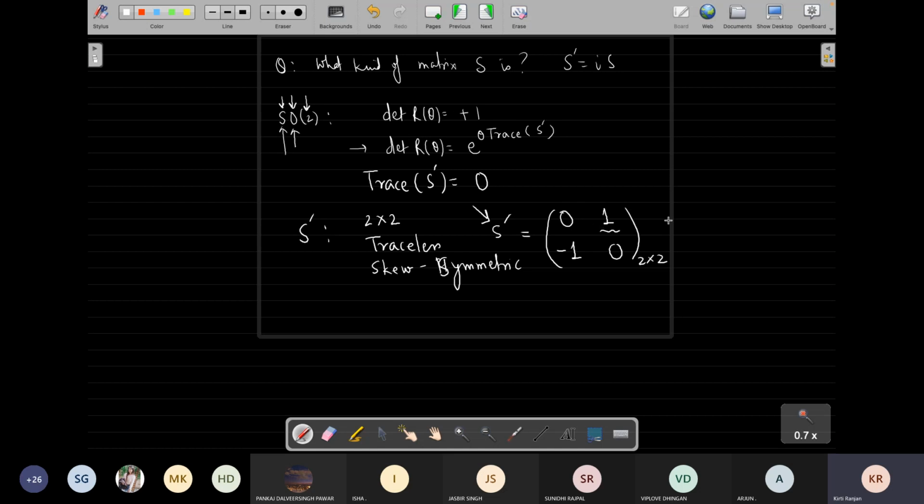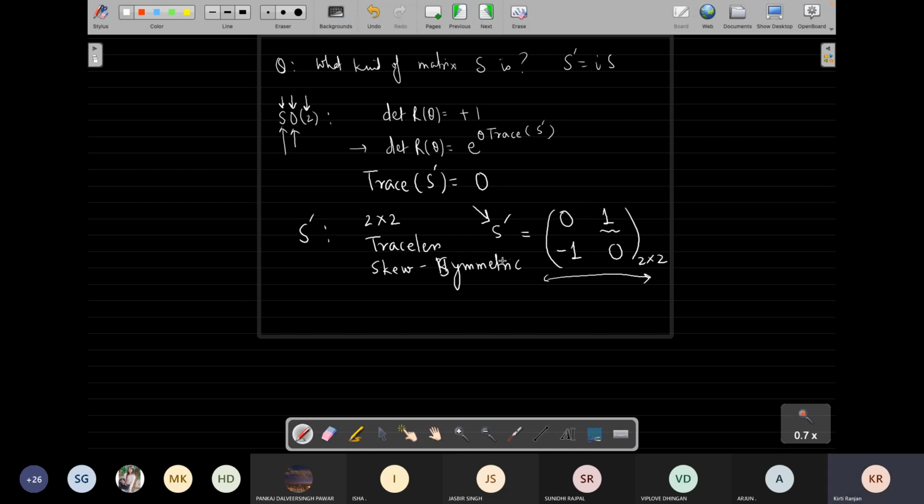So you can generate all other skew symmetric matrices from this one. And this is the only most generic 2 by 2 traceless skew symmetric matrix. Now, this is the first important part: in the case of a Lie group, knowing the group structure can help you figure out the structure of your generator.